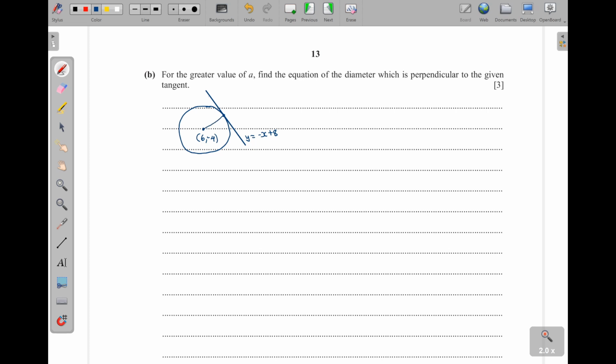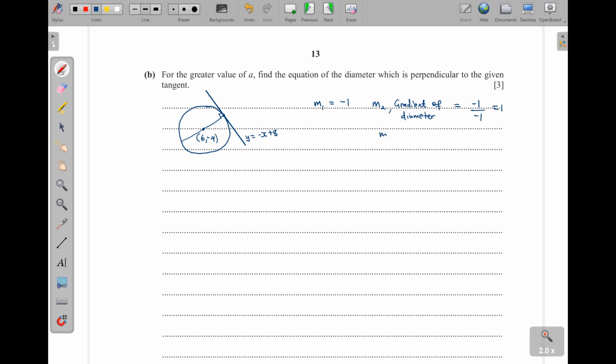But we know that in circle theorems, the tangent and the radius or the diameter are perpendicular. Okay, so m1, that is the gradient of the tangent, is negative 1. So meaning m2, which is the gradient of the radius or diameter, shall be equivalent to negative 1 over this negative 1, which is equal to what? 1.